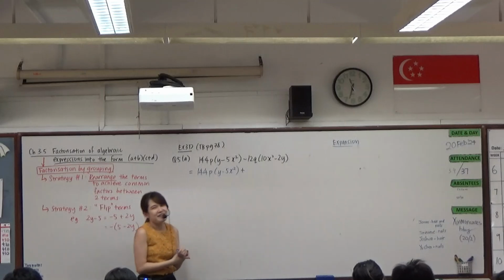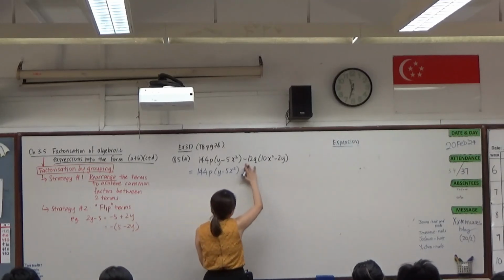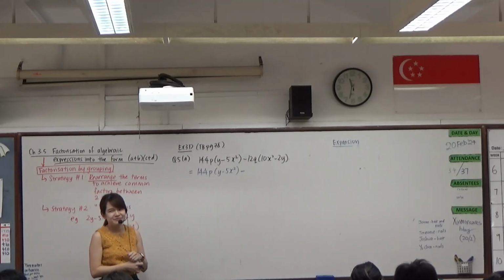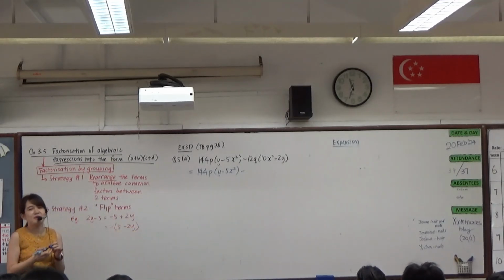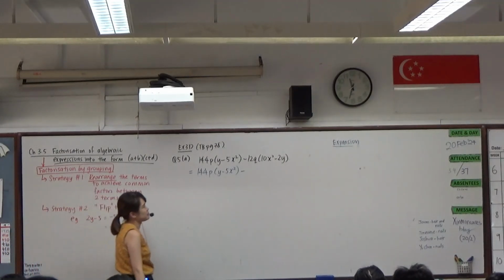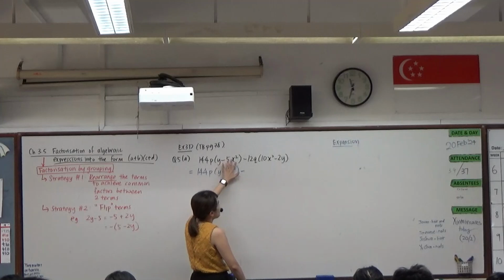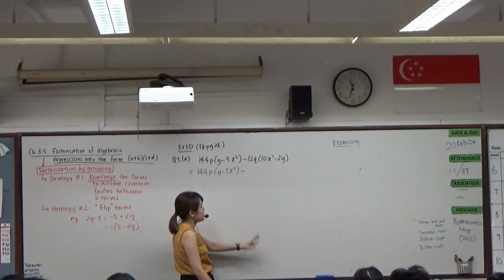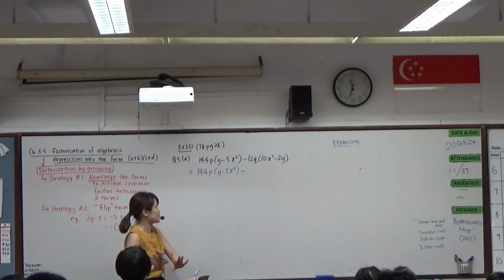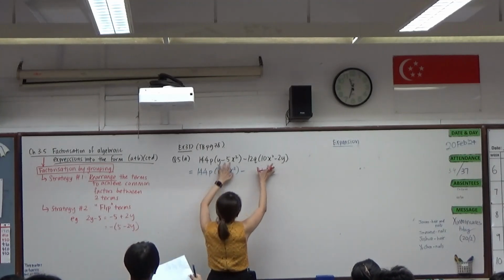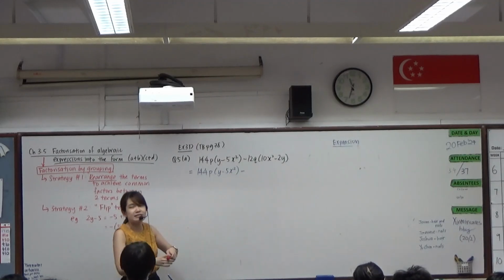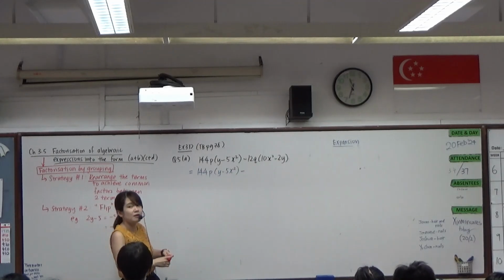Okay, let me break it down. For the benefit of some of us who may not be able to factor it so fast, if we want to factorize it directly, it requires some level of observation. Observe that between y minus 5x squared and 10x squared minus 2y, there are some common features.